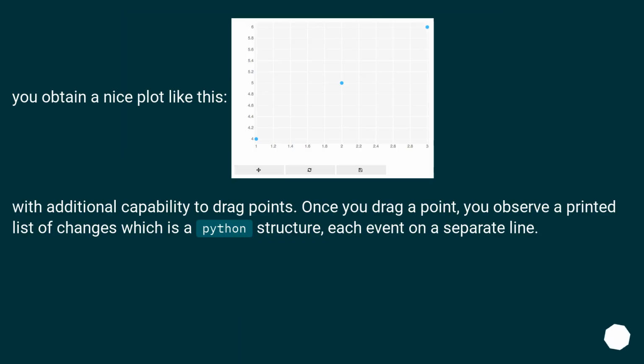You obtain a nice plot like this, with additional capability to drag points. Once you drag a point, you observe a printed list of changes which is a Python structure, each event on a separate line.